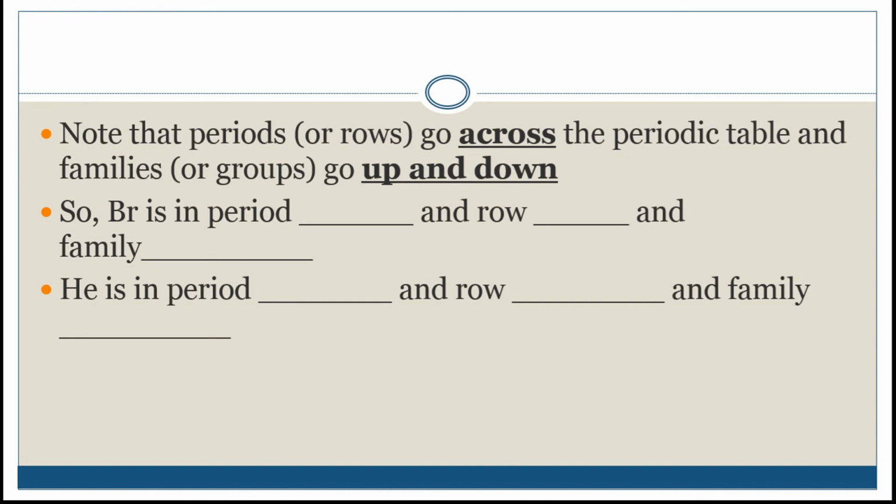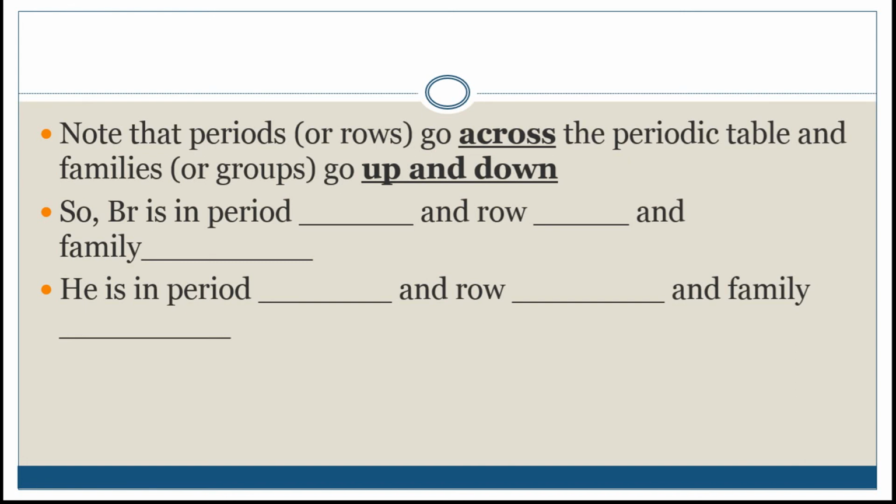So, find BR, please, on your periodic table. What element number is BR? Not the mass, not the charge. You don't have this in your notes? You can write this down if you want, or just watch.